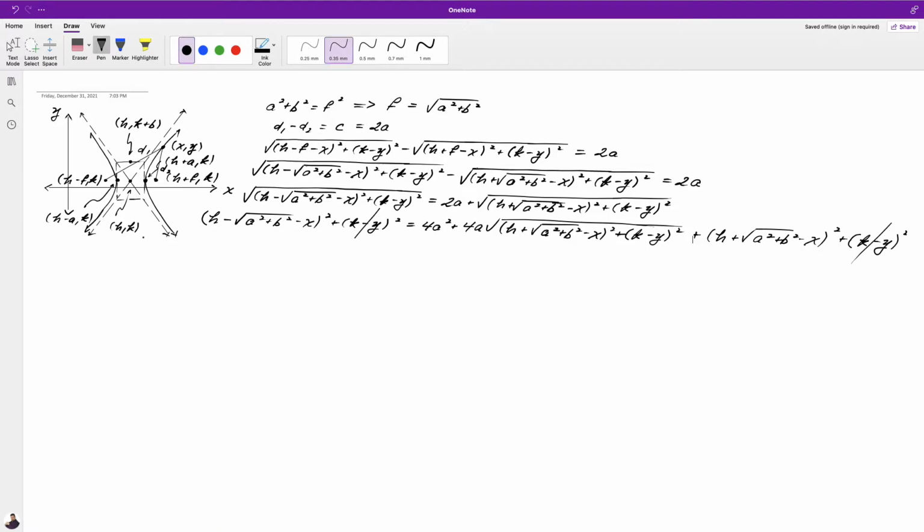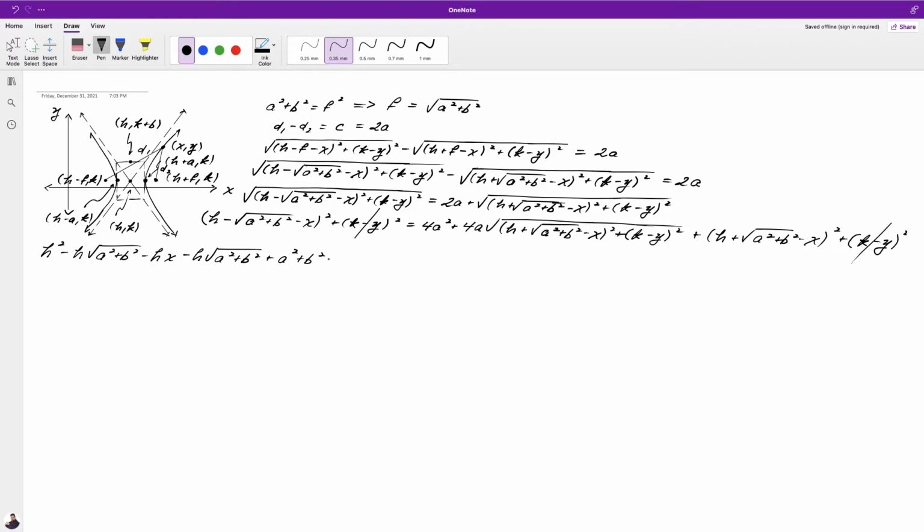Okay, so expanding both sides, I'm going to get h squared minus h times the square root of a squared plus b squared minus hx. Okay, this times this, rather, so it's going to be minus h square root of a squared plus b squared. This times itself is just going to give you a squared plus b squared.